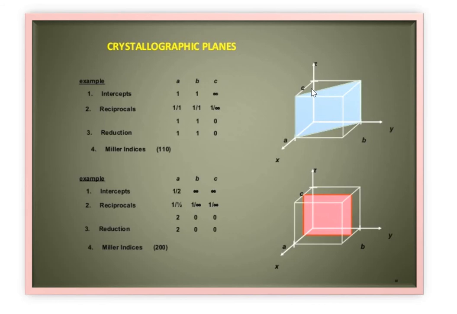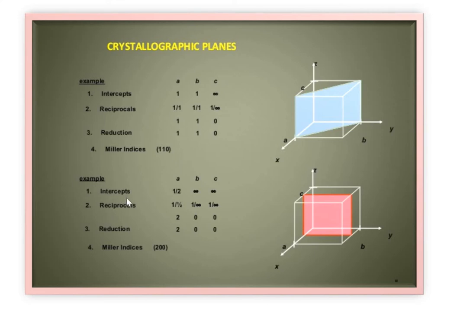Whenever the plane is parallel to any axis, it has no intercept, which means we can say infinite. So the reciprocals of these intercepts are 1/1, 1/1, 1/infinity. So the answer is 1, 1, 0. No fractions, so our Miller indices are 1, 1, 0. Read these Miller indices as 1, 1, 0 and not 110. That is wrong. We have to read the Miller indices as 1, 1, 0.